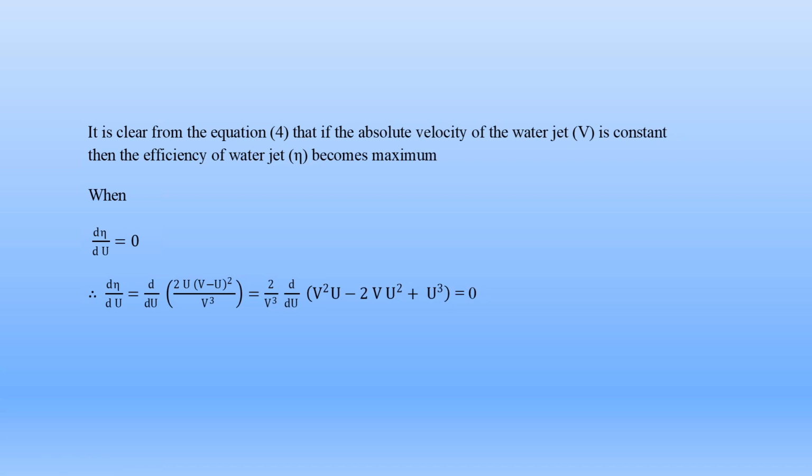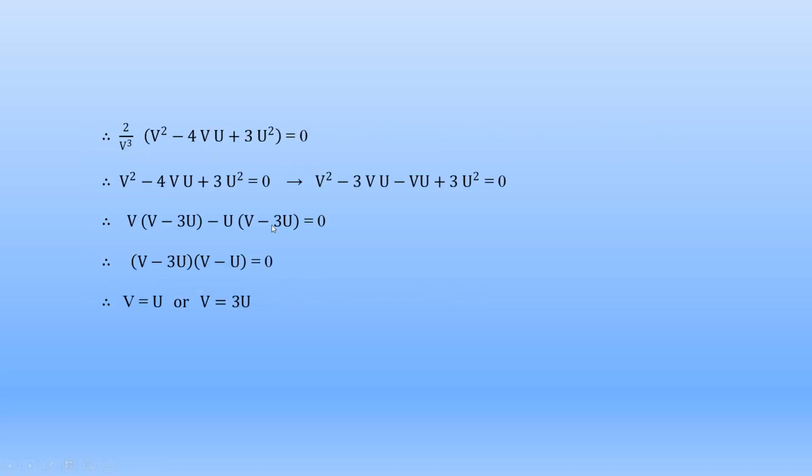So simplify this differentiation, d nu by du equal to 0. From that you will get this result: 2 by v cube into v square minus 4vu plus 3u square equal to 0.